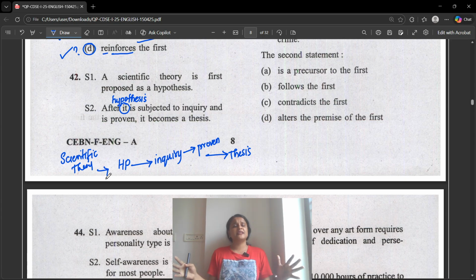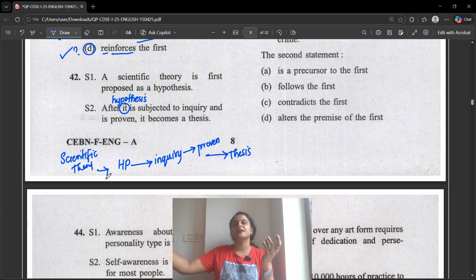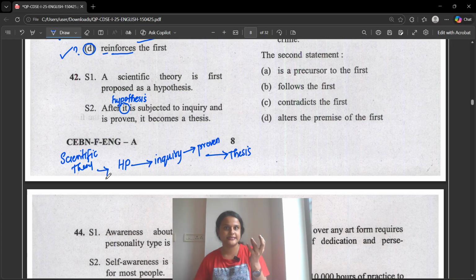Well, my first feeling is that they're both talking about similar things. In fact, they are talking about hypotheses. How? Statement number 1 says that any scientific theory first starts as a hypothesis. Okay, and statement 2 says that a hypothesis later goes on through a process of inquiry and proof and everything. It's subject to inquiry, and eventually it becomes thesis.